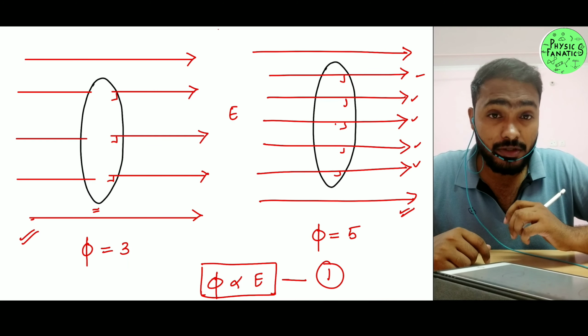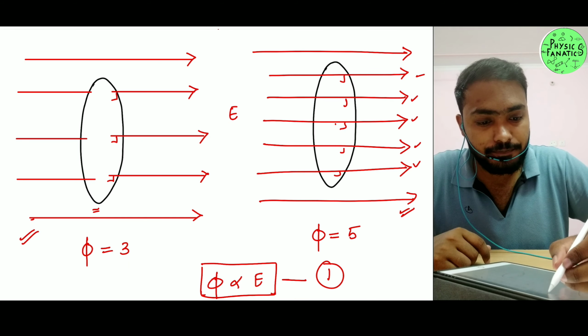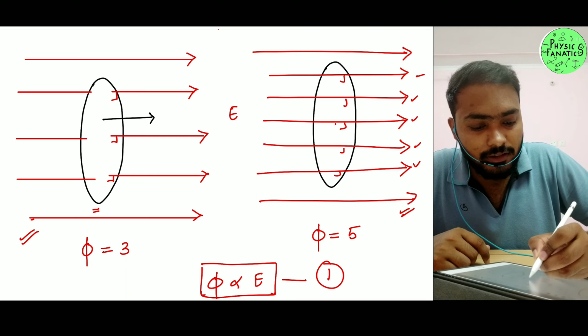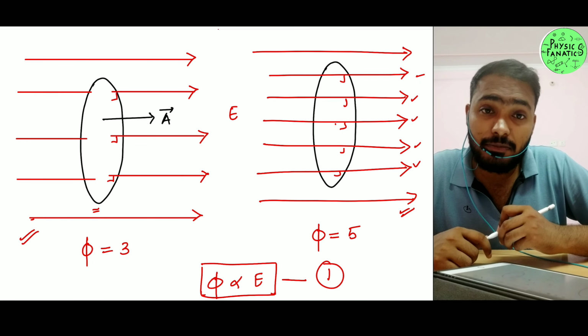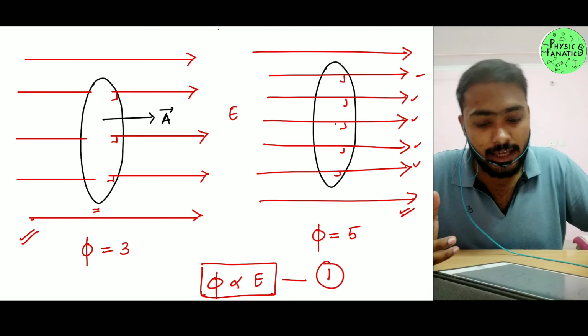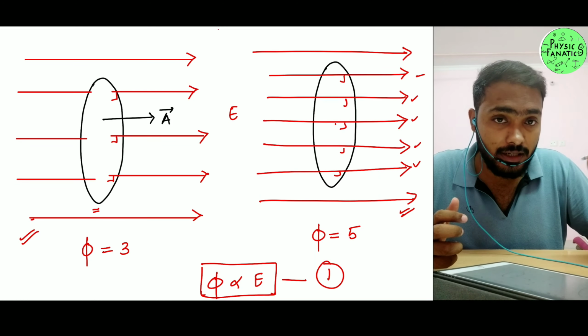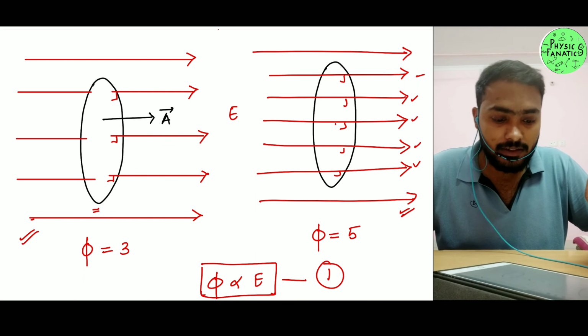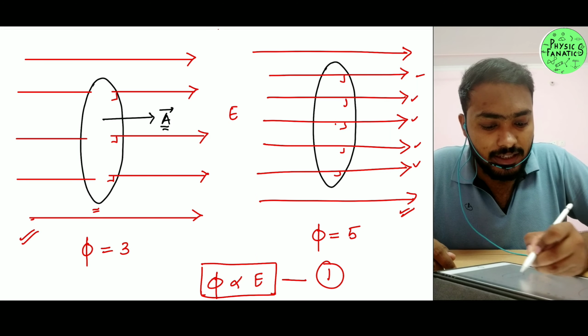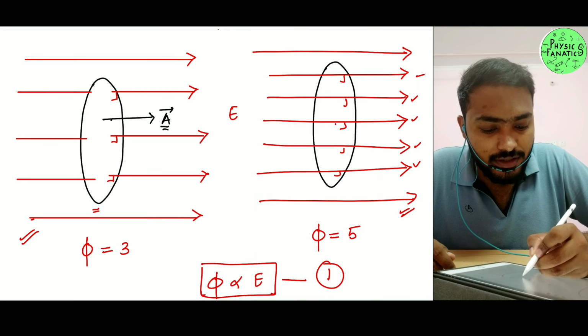Now one more important observation: the area vector for this surface is obviously perpendicularly out. It's a 2D figure, it can go perpendicularly backward also, but let's assume it is going perpendicularly in the same direction as the electric field. So the area vector and electric field have an angle of 0 degrees.